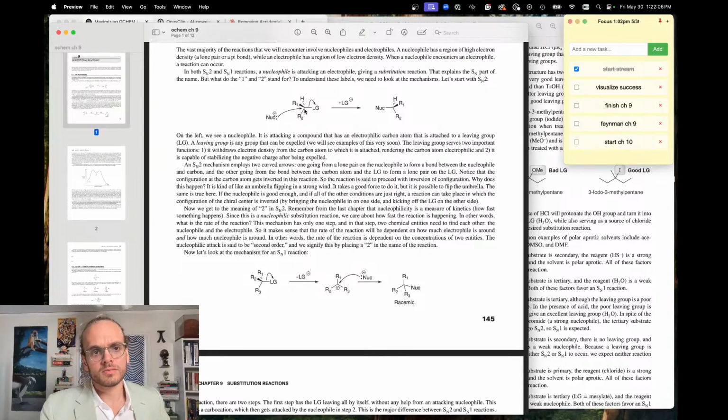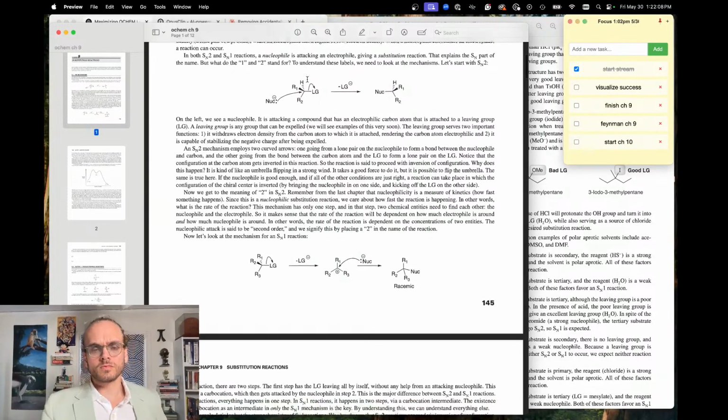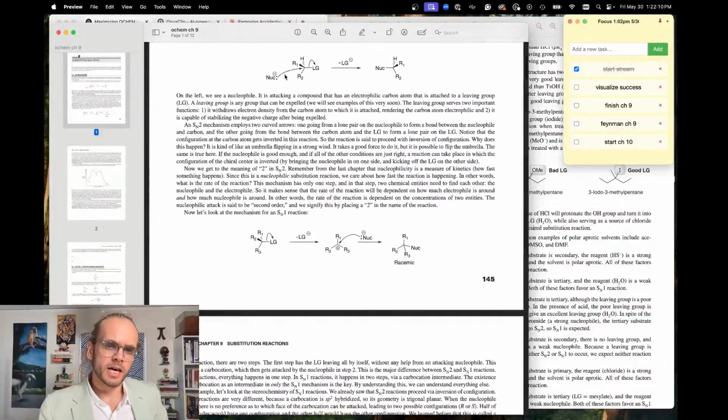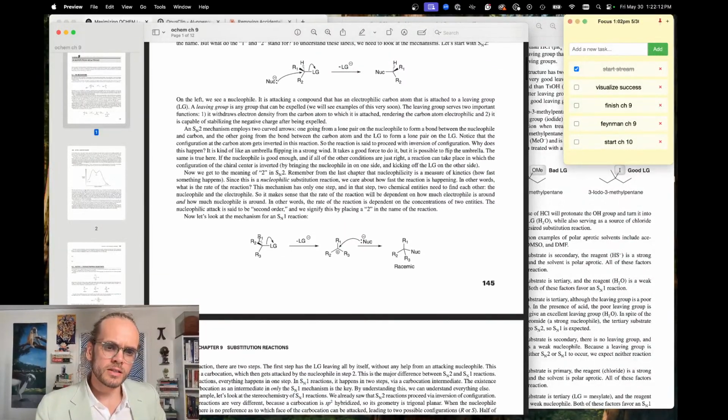So I need to get this SN2 diagram down. And then SN1, let's see the difference. SN1, there's no nucleophile attacking. It's just the leaving group goes with the electrons. There's no lone pair. Then there's going to be the leaving group.